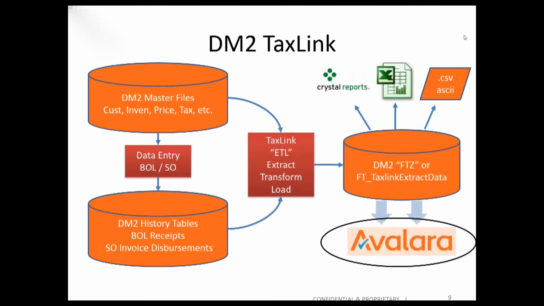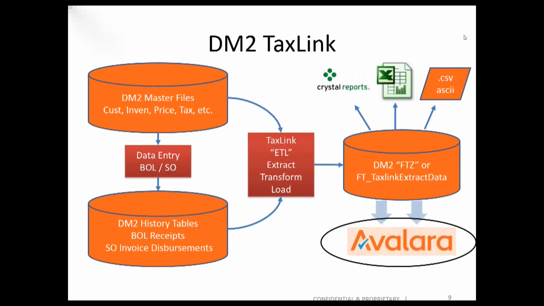So you could write Crystal reports against it and file with paper, or use Crystal to push it out electronically. It could go out to a spreadsheet, which you could print out or pass on electronically. Some people just do direct exports of simple CSV or ASCII files into other state solutions.